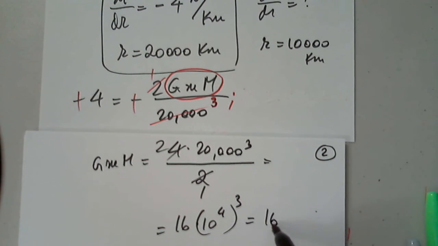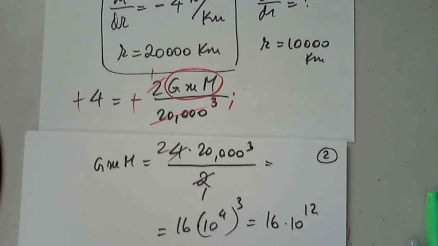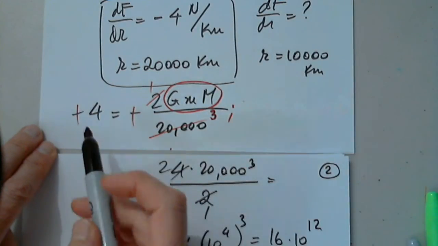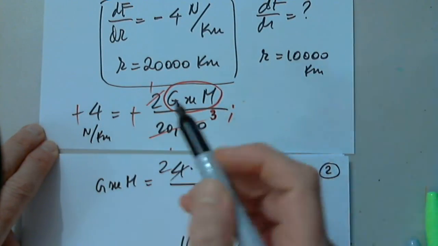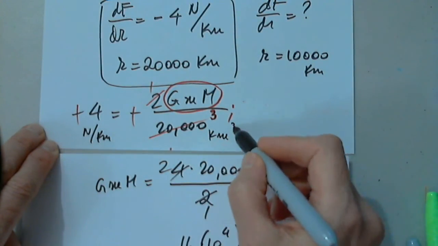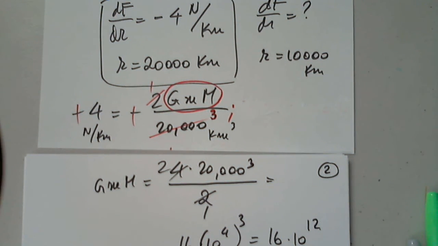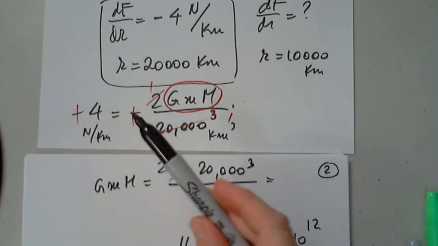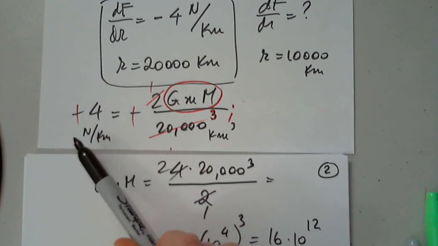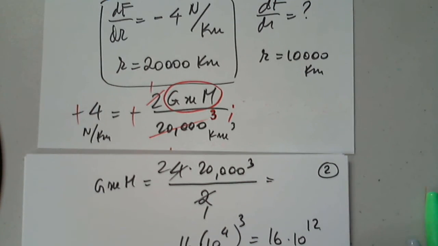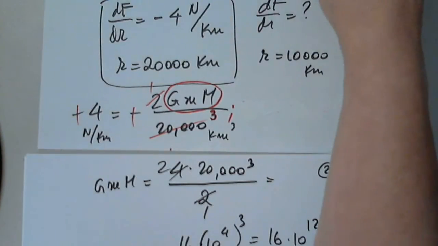My goodness. Times 10 to the 12th. And now this is measured in newtons per kilometer. This is measured in kilometers cubed. So when I multiply by kilometers cubed, this becomes Newton per kilometer squared.